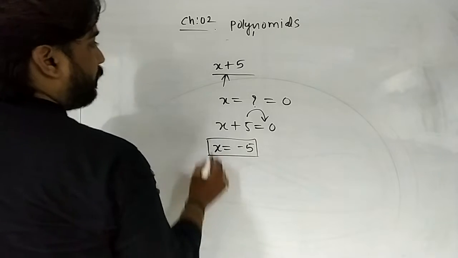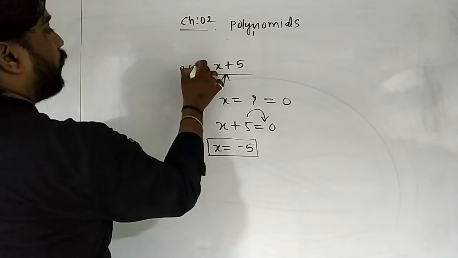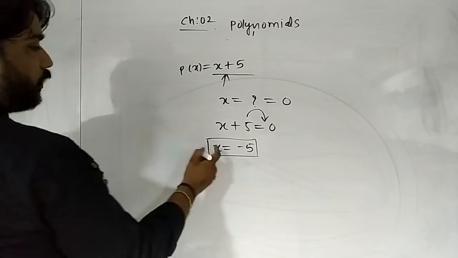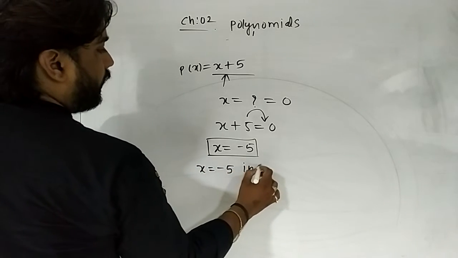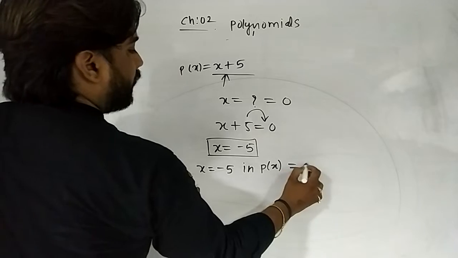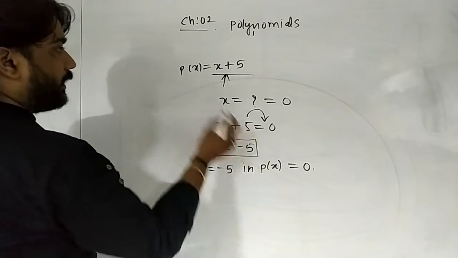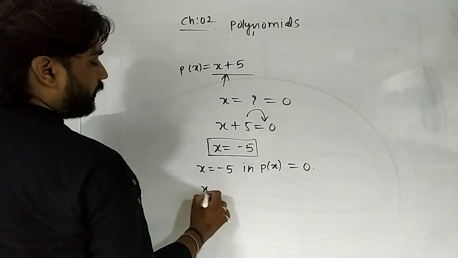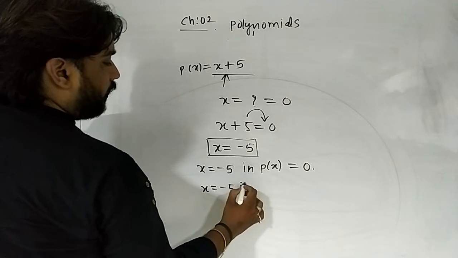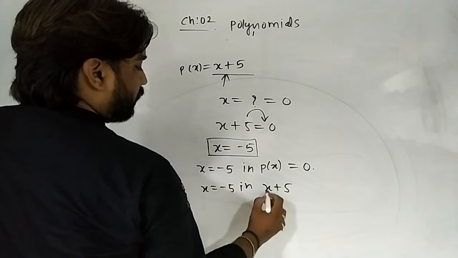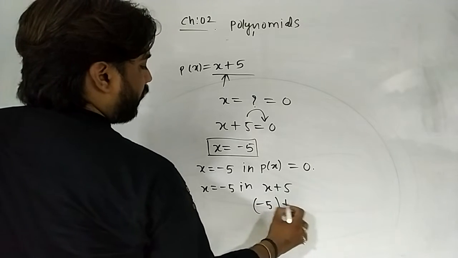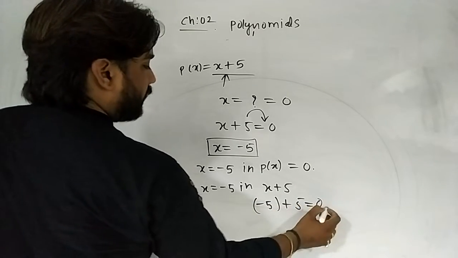So when I take x is equal to -5 in p(x), it will become 0. p(x) is x plus 5, x plus 5 में x की जगह पे -5 लूंगा, तो -5 plus 5 is 0.